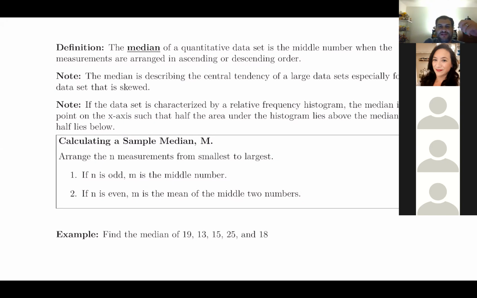If our sample size is an odd amount, you're only going to have one number in the middle. But if we have an even sample size, then you're going to have 2 numbers in the middle. And the way that we find the median, we take the mean of those 2 numbers in the middle.